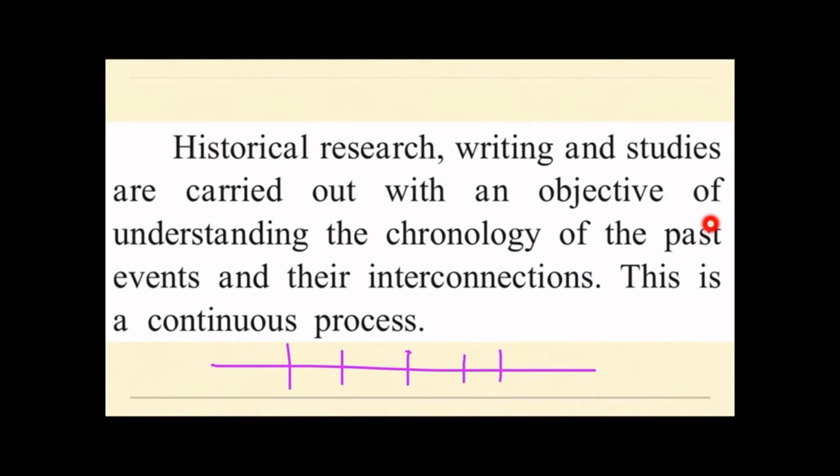To know this, we have to study or research about history. Then there are the chronology of the past events and their interconnection. Were this period and that period interconnected with each other? So this is a continuous process. Let us move ahead.